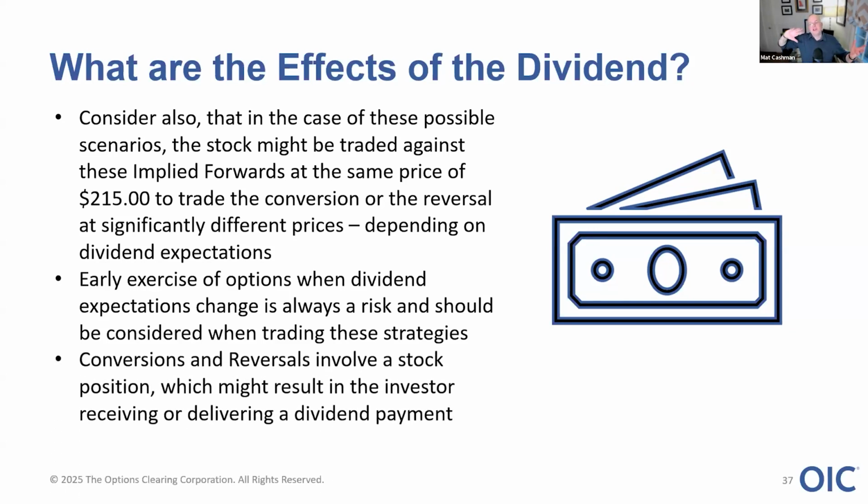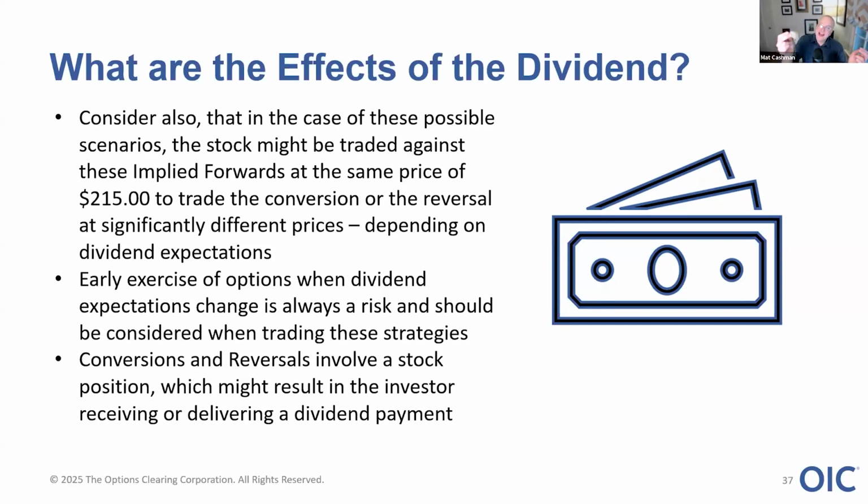Now, conversions and reversals involve a stock position, which might result in the investor receiving or delivering a dividend payment. You also have to factor that in, because if you're trading the conversion or the reversal, you probably have an actual physical stock position. And if you're long that stock and you're short the synthetic stock, you can see how one of those might get paid the dividend and the other one wouldn't.